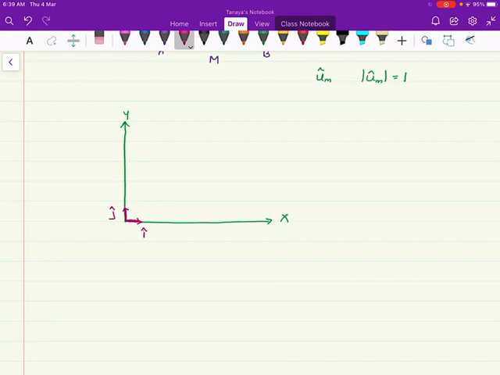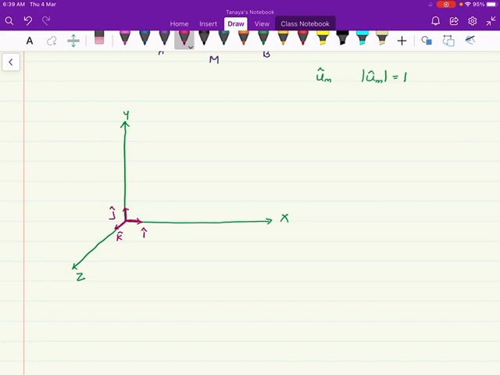And similarly, if we have the third axis, that is the z axis, the unit vector along the z axis is denoted by k cap. Okay, so i cap, j cap and k cap are unit vectors along the x axis, y axis and z axis.